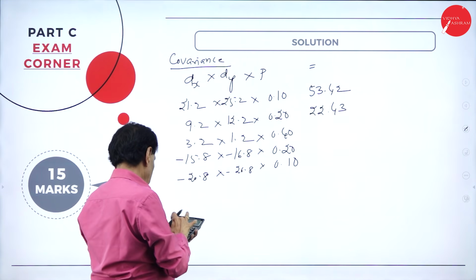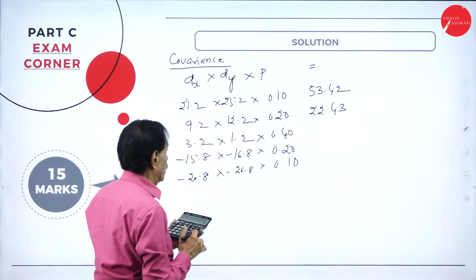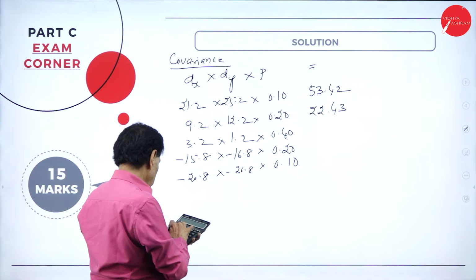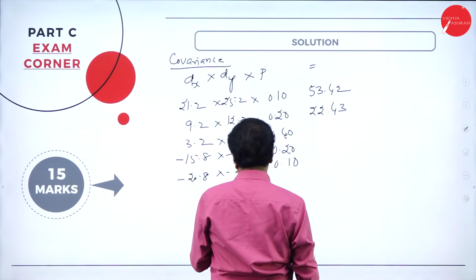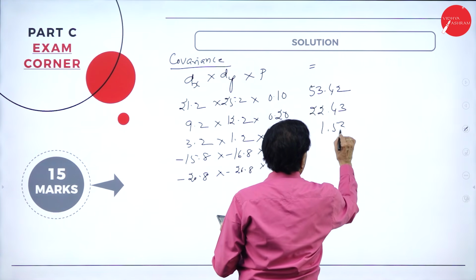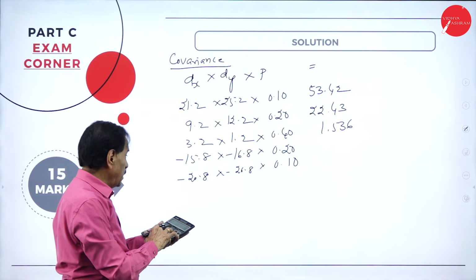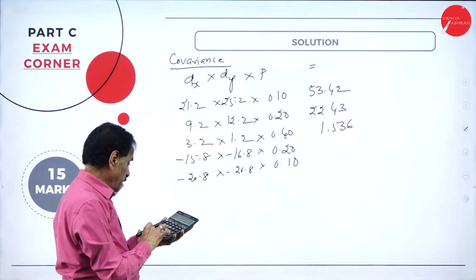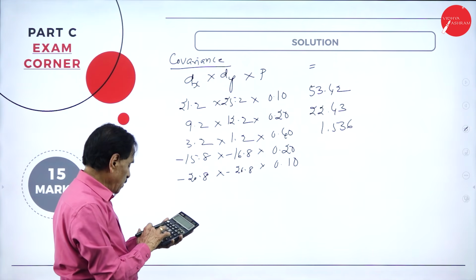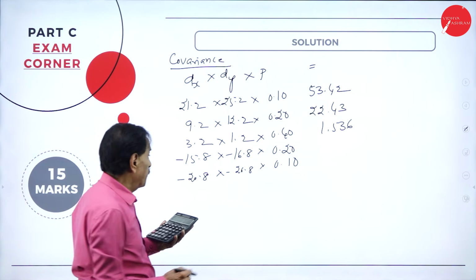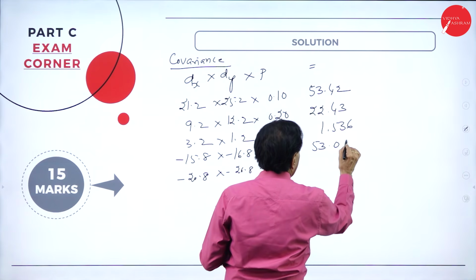Then 3.2 into 1.2 into 0.40, 1.536. Then minus into minus becomes plus, into 16.8 into 0.20, 53.088.